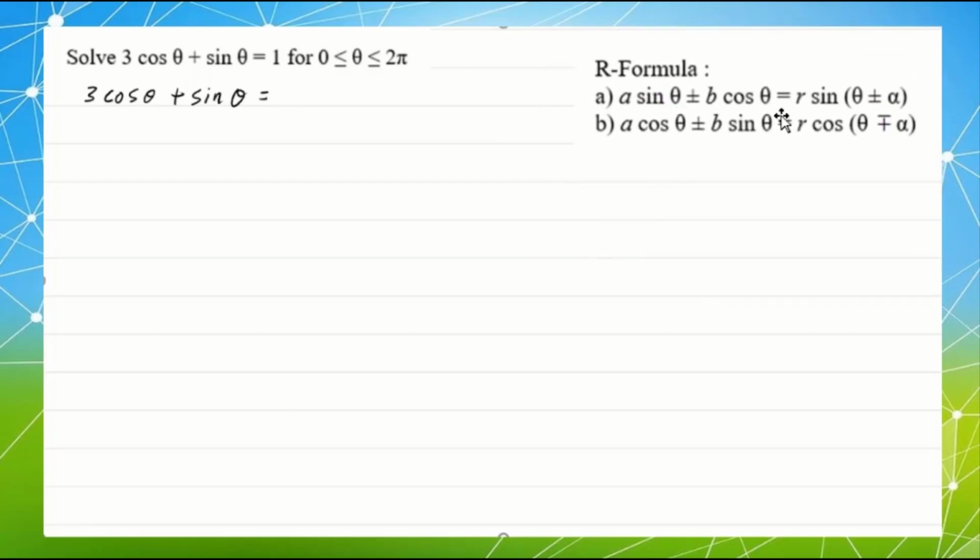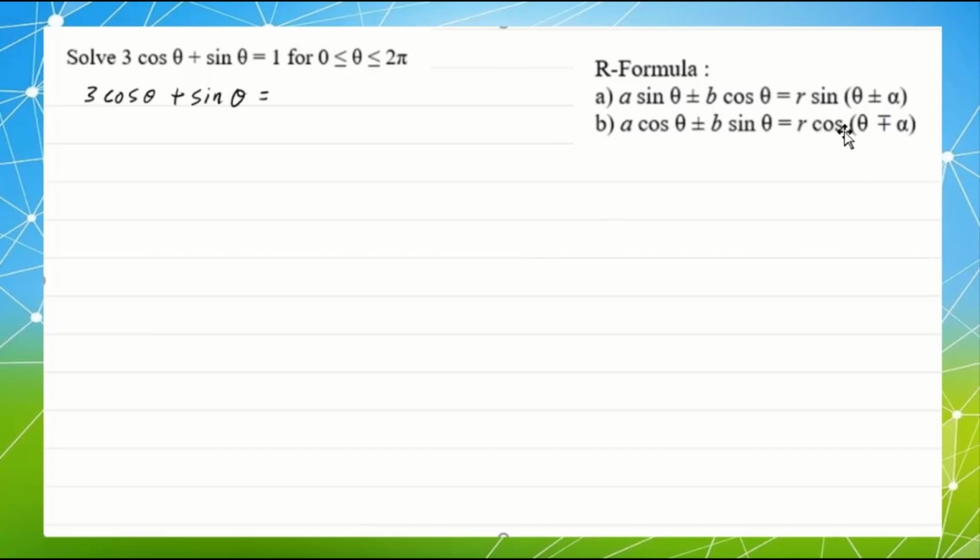Now based on the formula, since the expression is 3 cos theta plus sin theta, we look at the R formula, it is the same as the second R formula, which is a cos theta plus b sin theta. So the R formula we need to use is R cos of theta minus alpha.